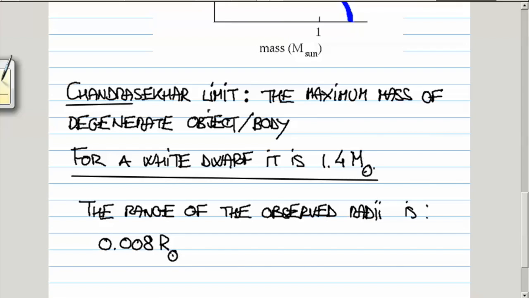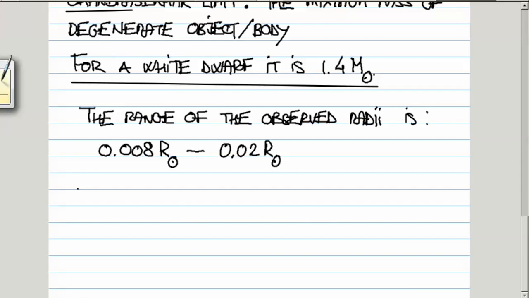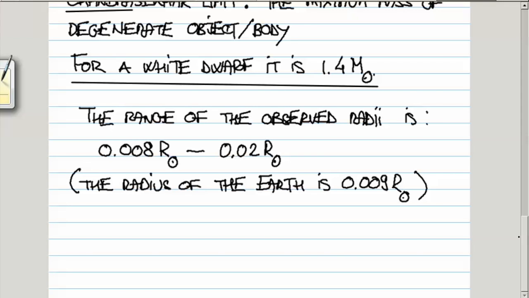In these units, the radius of the Earth is just slightly bigger, 0.009 of the sun's radius, to 0.02 solar radii. And as I said, the radius of the Earth is about 0.009 solar radii.